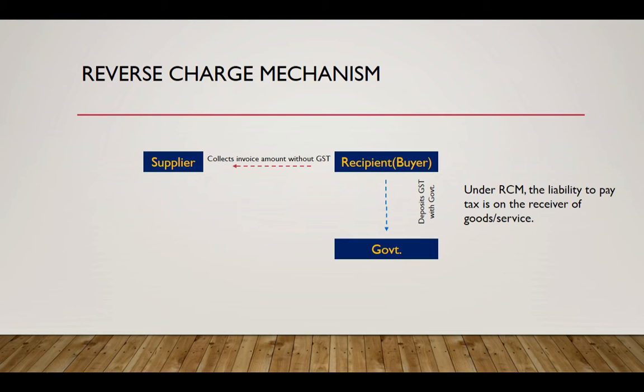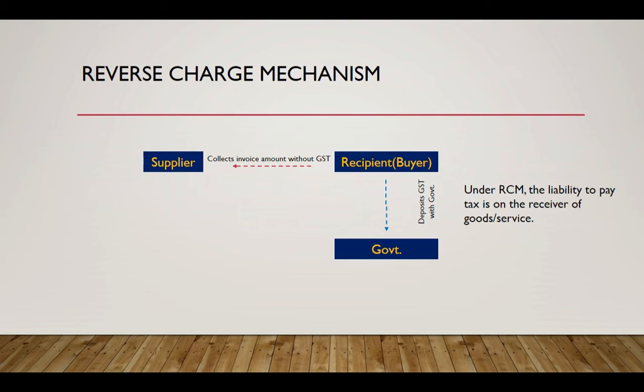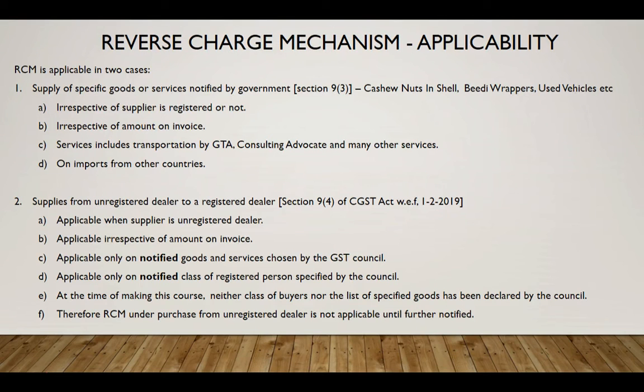So far, the transactions that we learned in Tally were falling under forward charge mechanism. But there are certain rules defined by the GST Council which require the buyer to deposit the GST under reverse charge mechanism. So what are the cases where reverse charge mechanism applies?